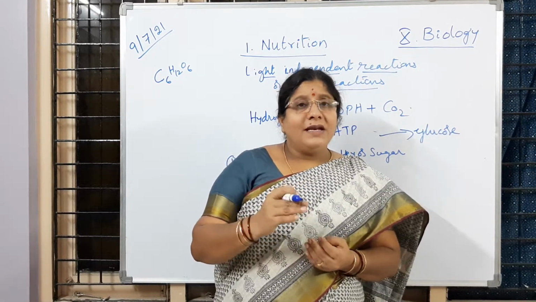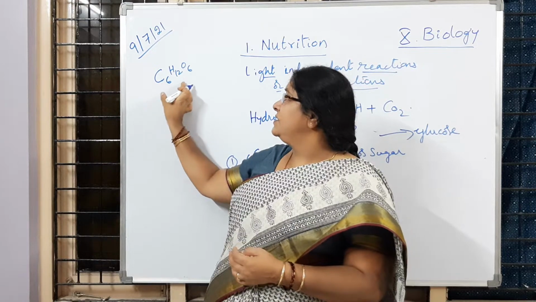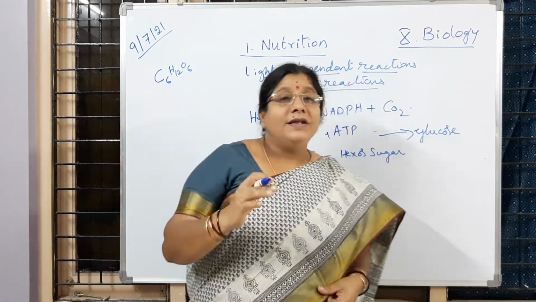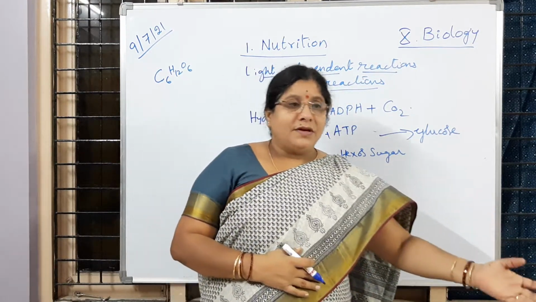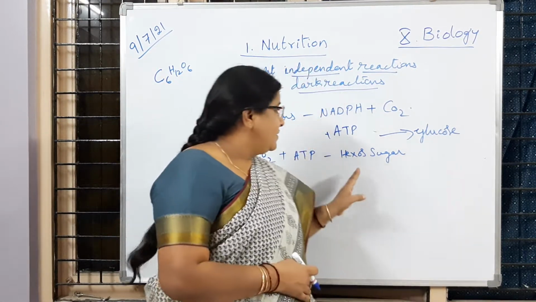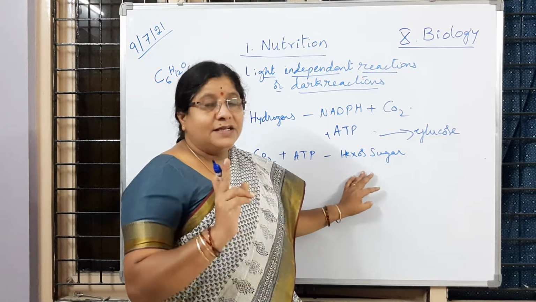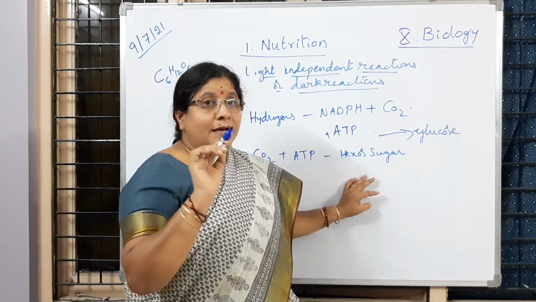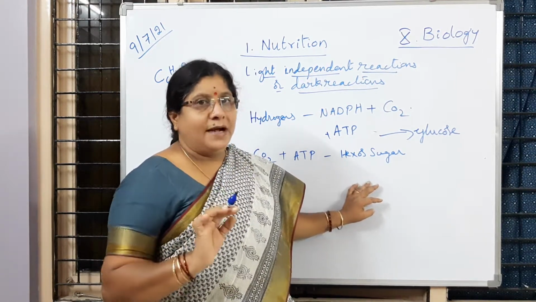We are telling here 1 molecule of glucose means C6H12O6. There you can learn it as 2 molecules of glyceraldehyde 3-phosphate or 1 molecule of hexose sugar. But whatever it may be, it must contain 6 carbon atoms.